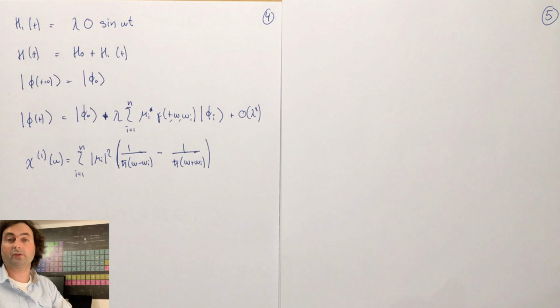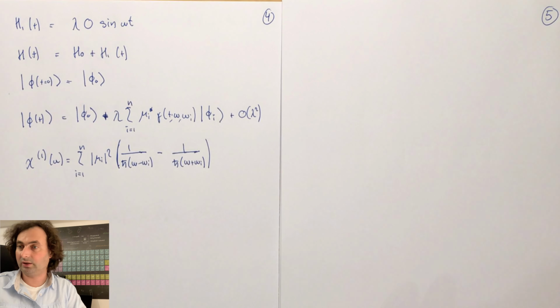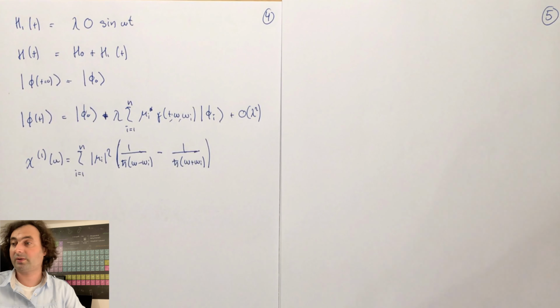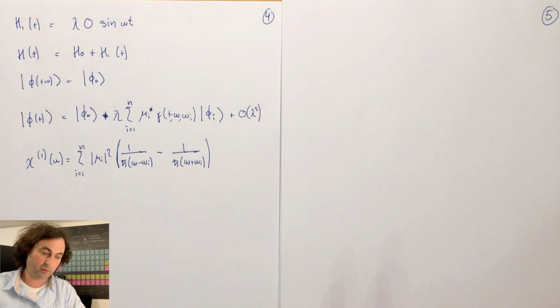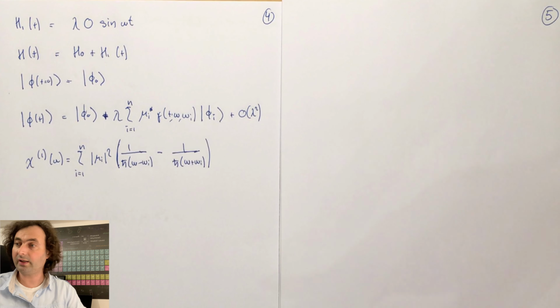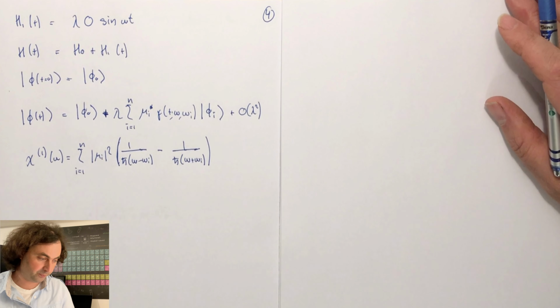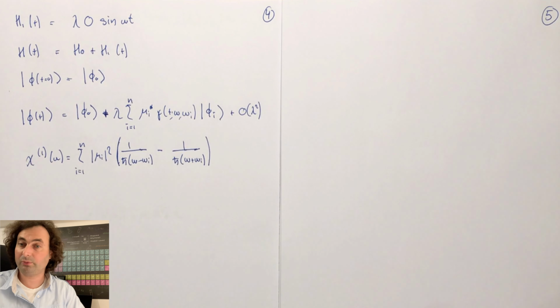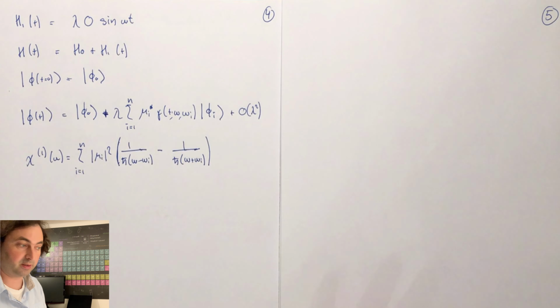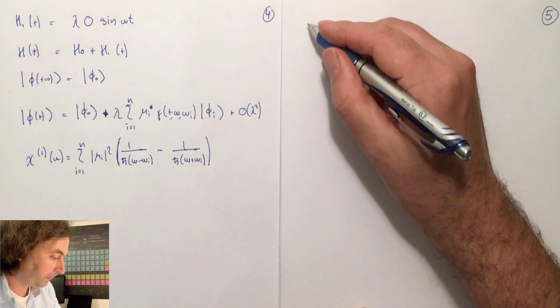So we see that for an n-level system we can calculate the susceptibility by looking at how each eigenstate of H0 would contribute to the susceptibility, and then just summing over all states. The susceptibility for each state is independent of the susceptibility given by the other states.